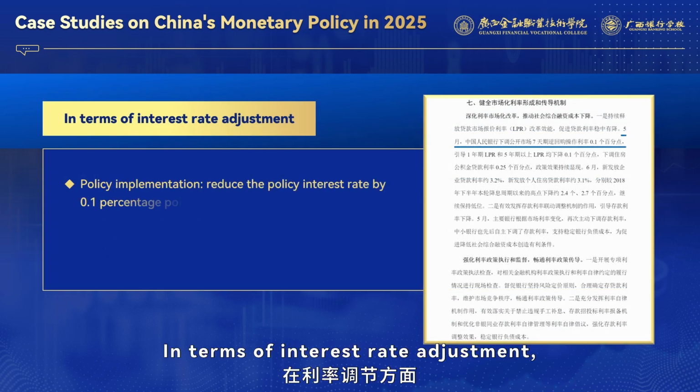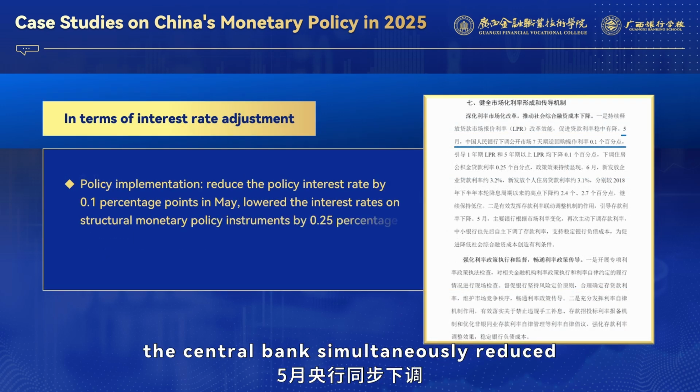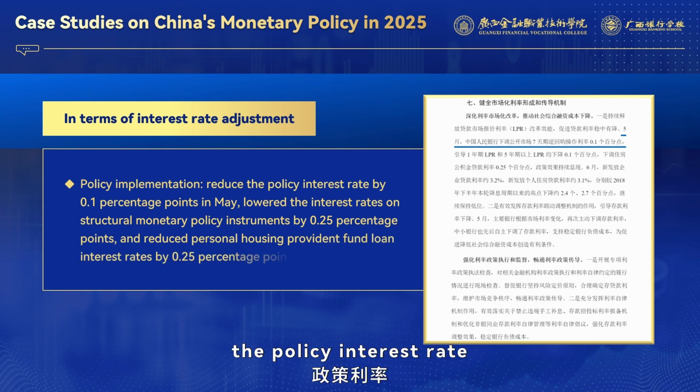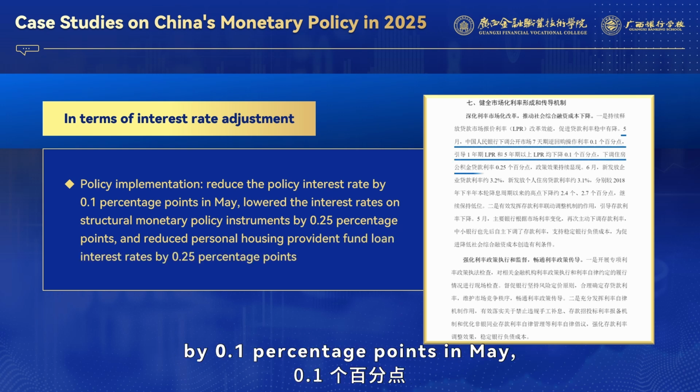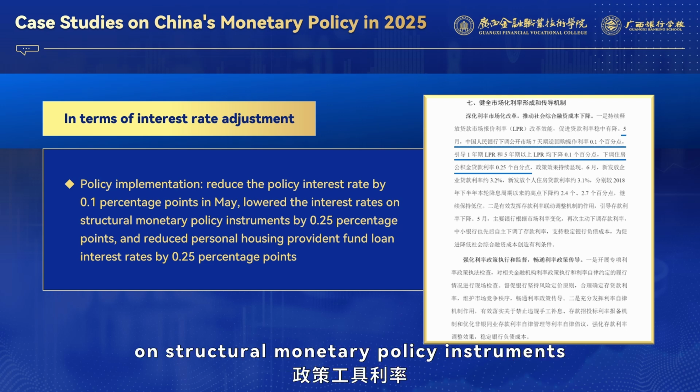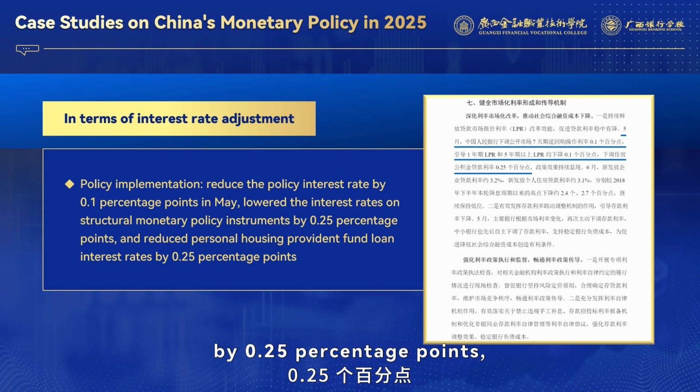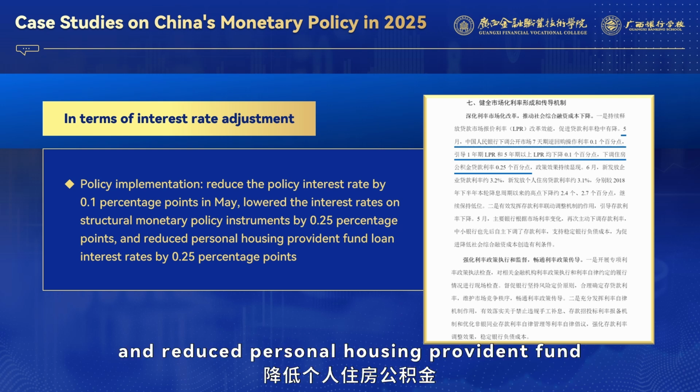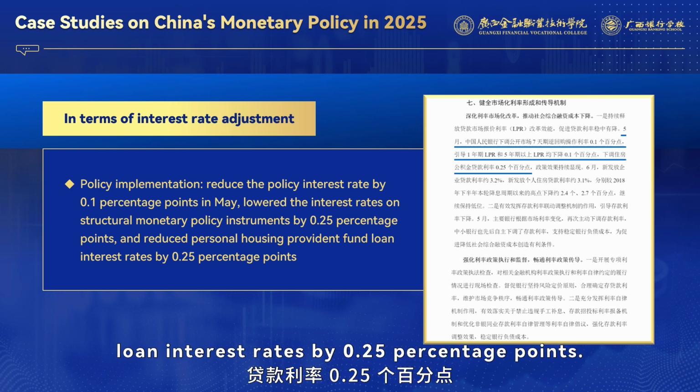In terms of interest rate adjustment, the central bank simultaneously reduced the policy interest rate by 0.1 percentage points in May, lowered the interest rates on structural monetary policy instruments by 0.25 percentage points, and reduced personal housing provident fund loan interest rates by 0.25 percentage points.